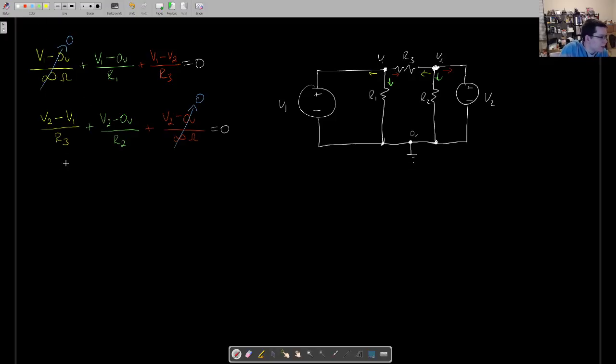So we'll rewrite our top equation. We've got V1 minus 0, not even going to write it, divided by R1, plus V1 minus V2 over R3 equals 0.